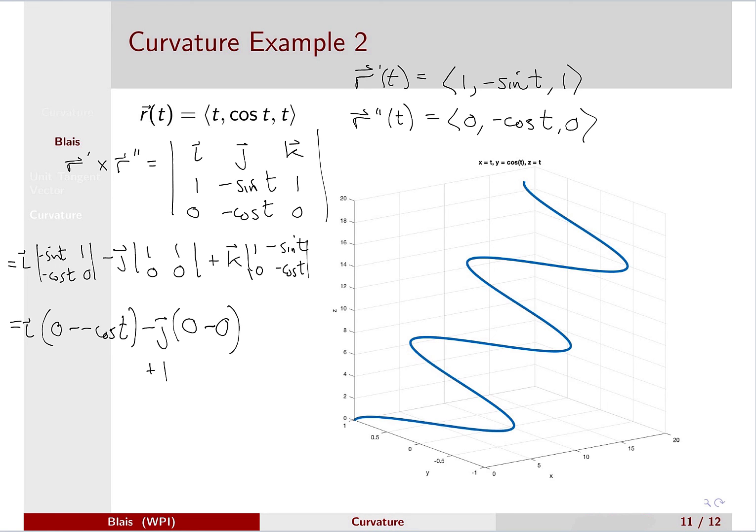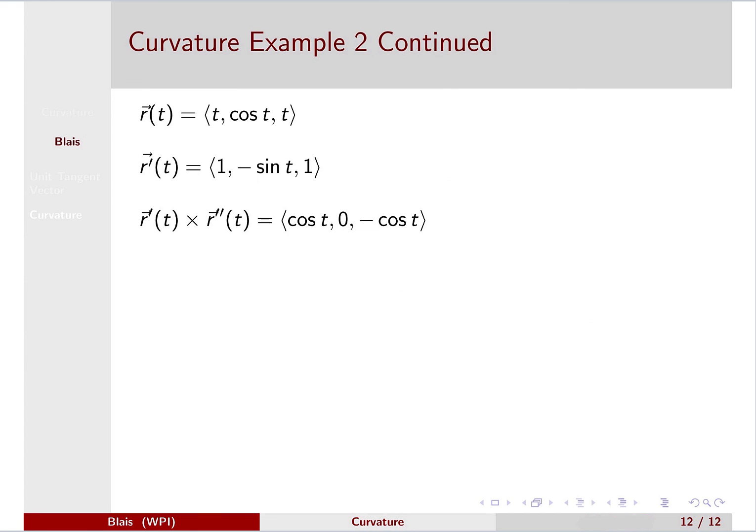And then we have plus k, 1 times minus cosine of t is minus cosine of t, minus negative sine of t times 0, so this is 0. And we're left with cosine of t times i. Notice our j component is 0. And then we have minus cosine of t times k. So this is our cross product. So we have cosine of t, 0, minus cosine of t.